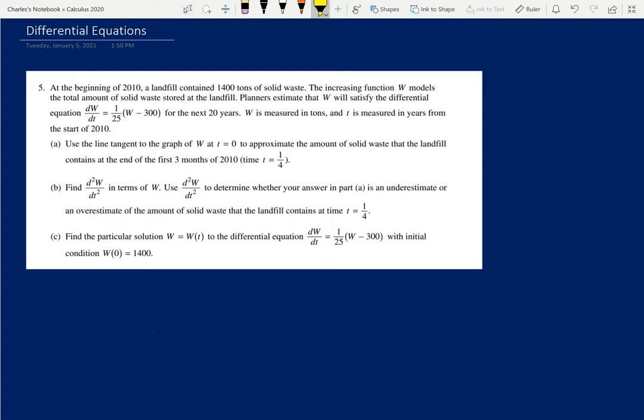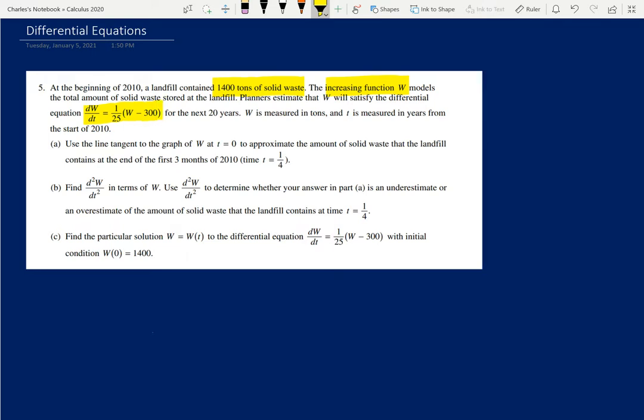We're talking about at the beginning of 2010, a landfill contained 1,400 tons of solid waste. The increasing function W models the total amount of solid waste stored at the landfill. Planners estimate that W will satisfy the differential equation dW/dt equals 1/25 (W minus 300) for the next 20 years.